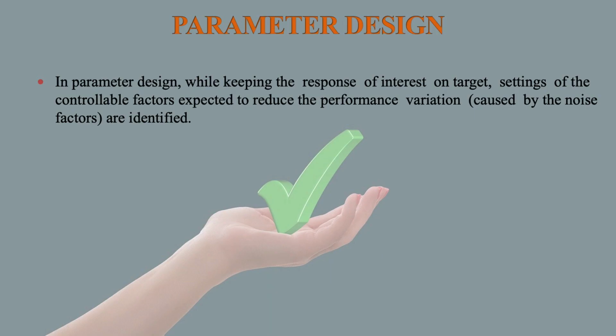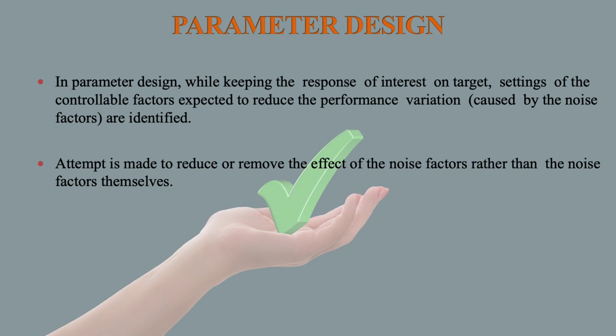Then parameter design. In parameter design, while keeping the response of interest on target, settings of the controllable factors expected to reduce the performance variations caused by the noise factors are identified.